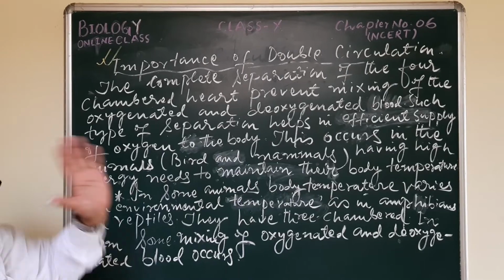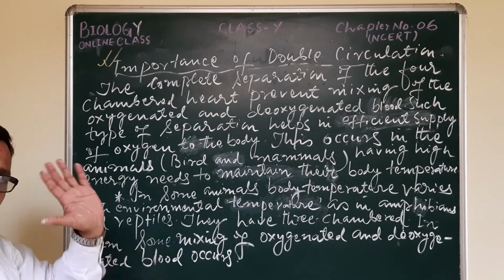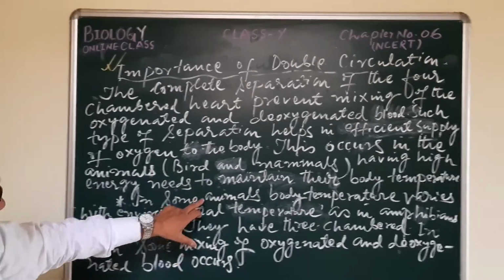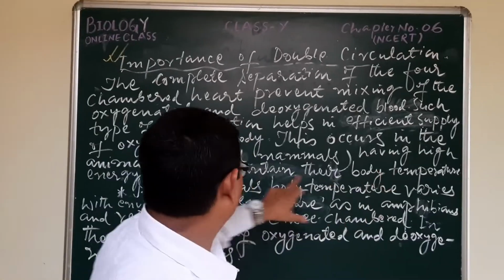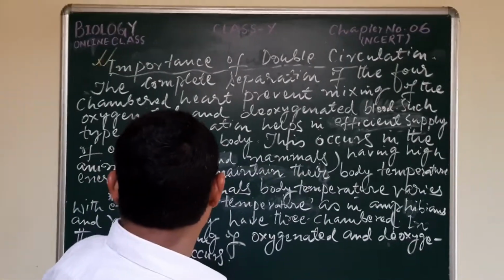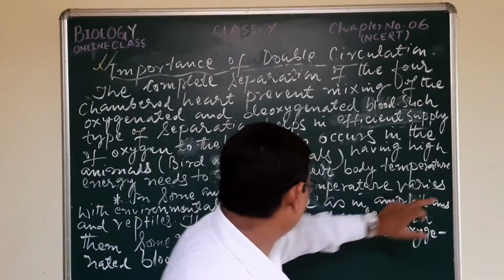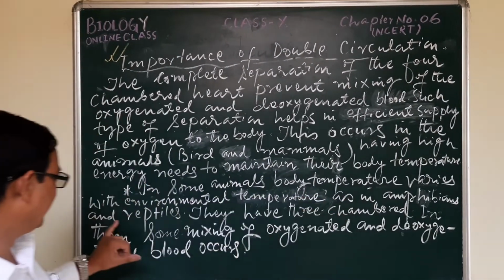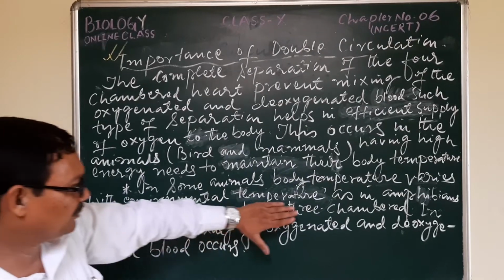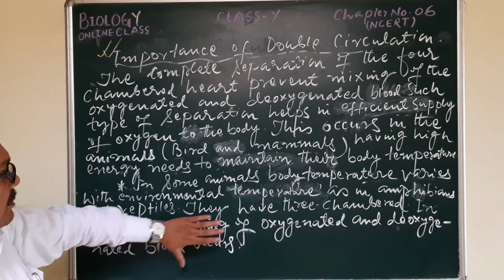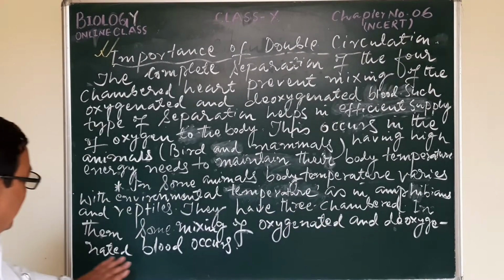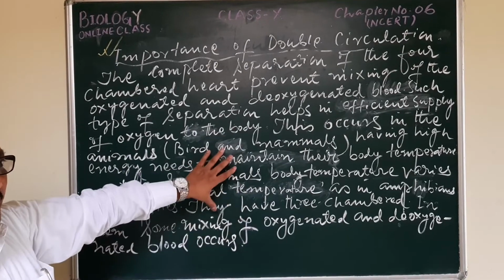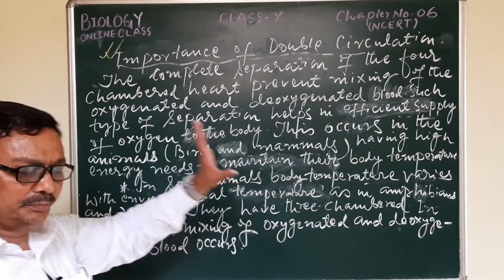They also require oxygen and energy, but in some animals body temperature varies with environmental temperature, as in amphibians and reptiles. They have 3 chambers. In them some mixing of oxygenated and deoxygenated blood occurs, and that is tolerable for them.